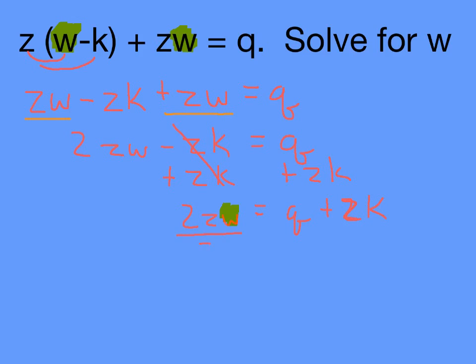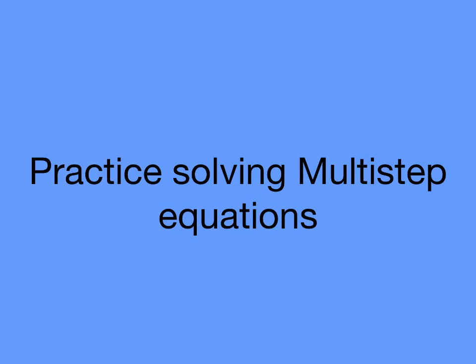So we're going to divide by 2z on both sides. These are gone. w is equal to q plus z times k divided by 2 times z. Now go practice solving multi-step equations.